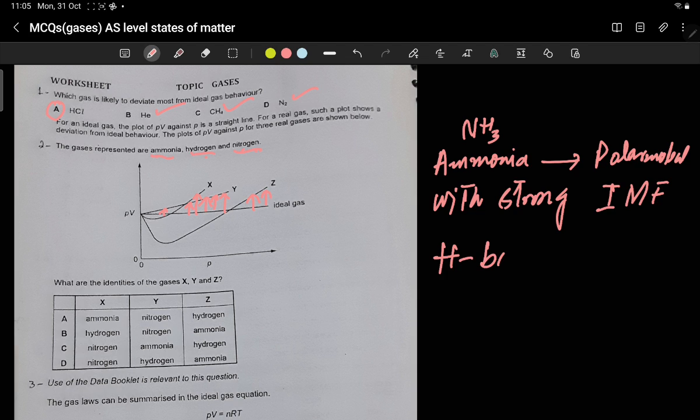Hydrogen bonding is present in ammonia molecules, and hydrogen bonding is stronger than the ID-ID and the permanent dipole forces. So ammonia shows the most deviation. Now look at hydrogen and nitrogen.